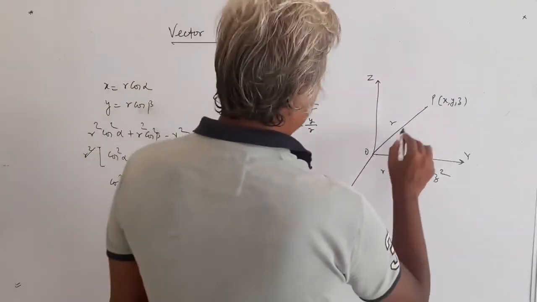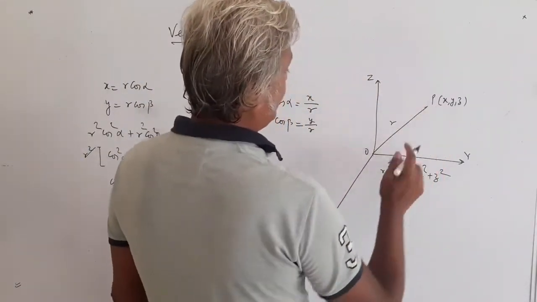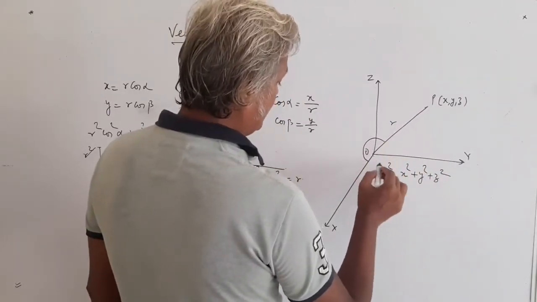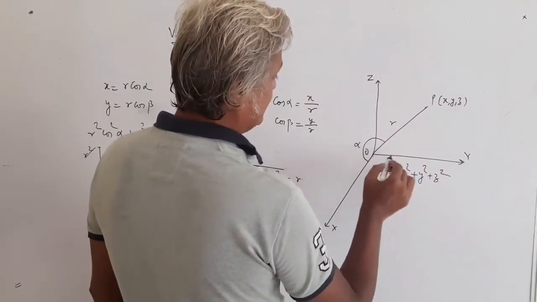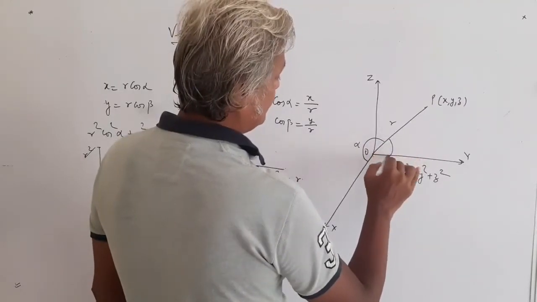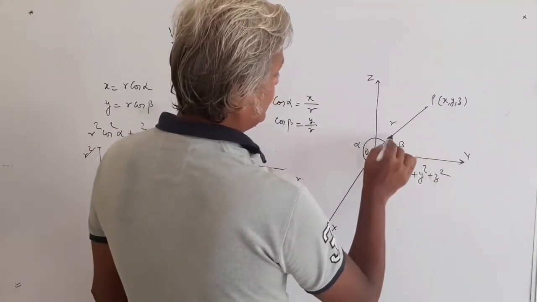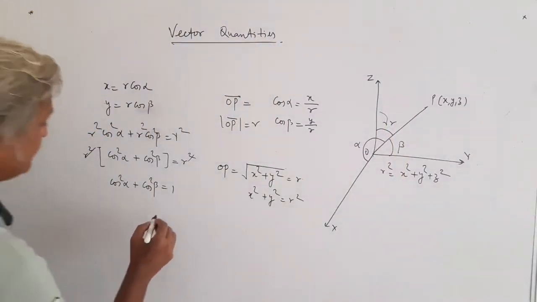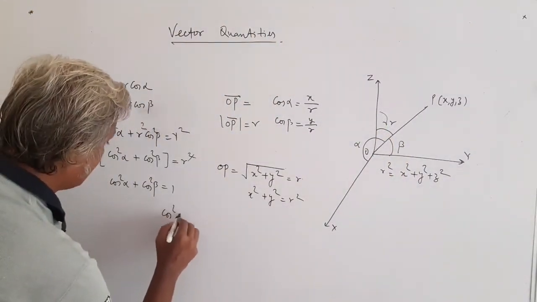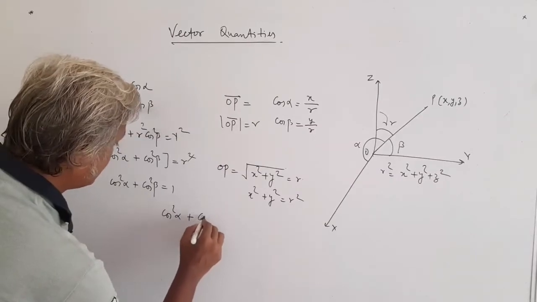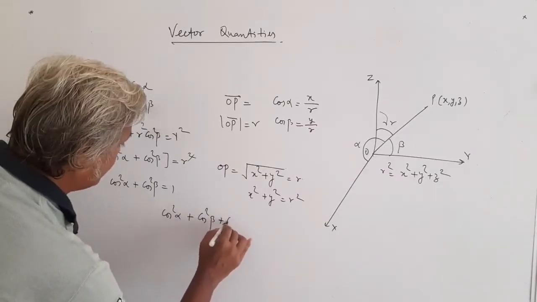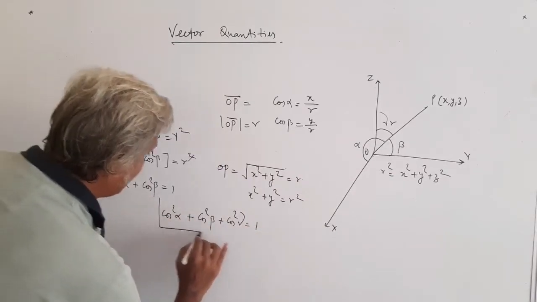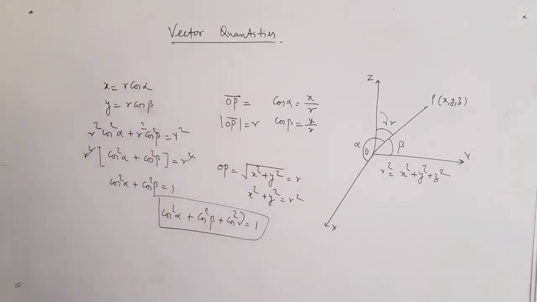And suppose this line OP makes angle alpha with the positive direction of the x-axis, beta here and gamma here, then this relation will become cos square alpha plus cos square beta plus cos square gamma is 1, and this is called the direction cosines.